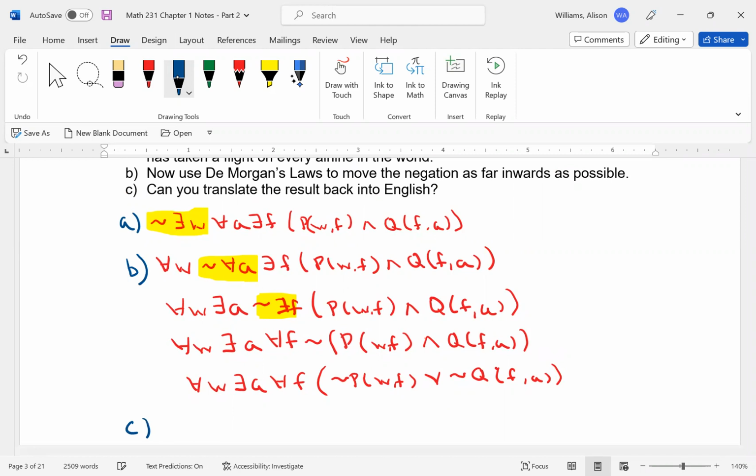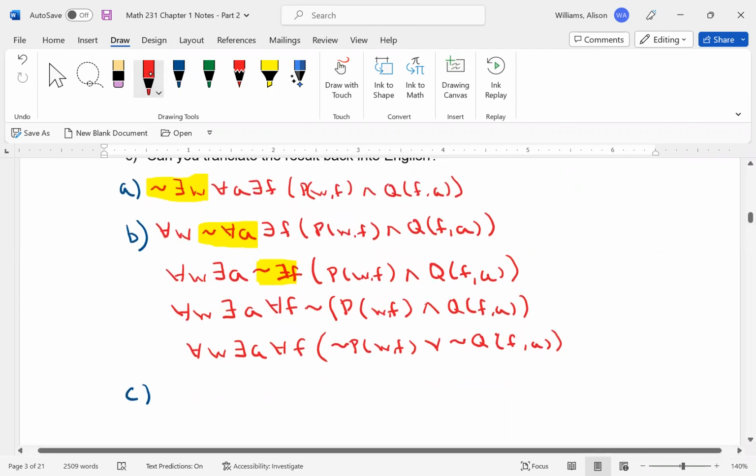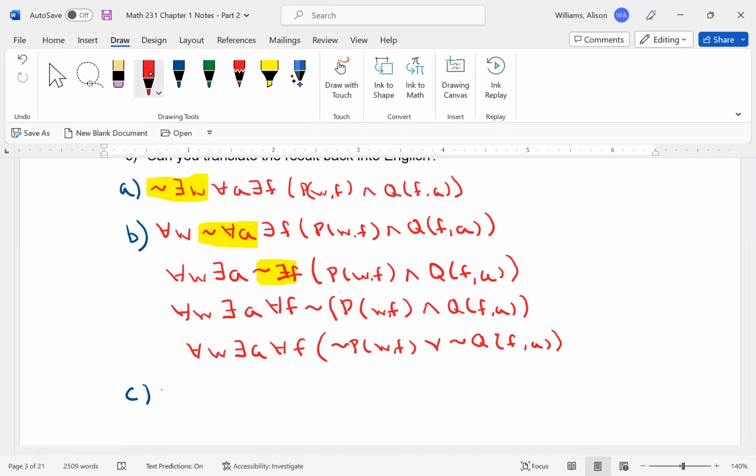Can you translate this back into English? We're going to try. Okay, here we go. For every woman, there exists an airline.